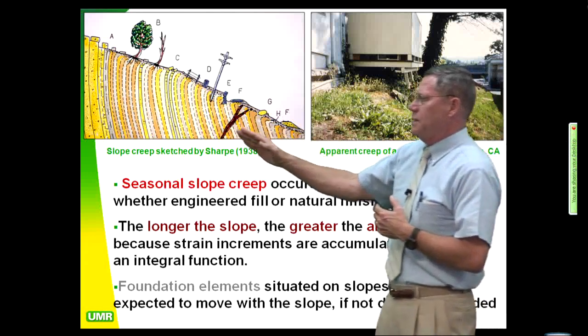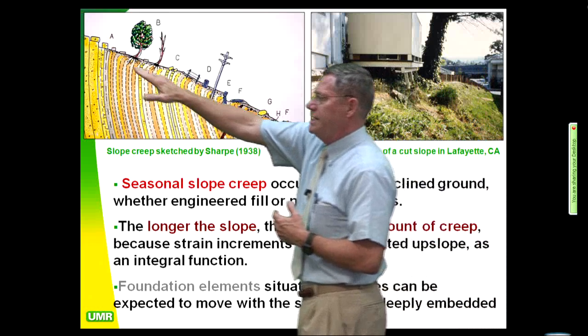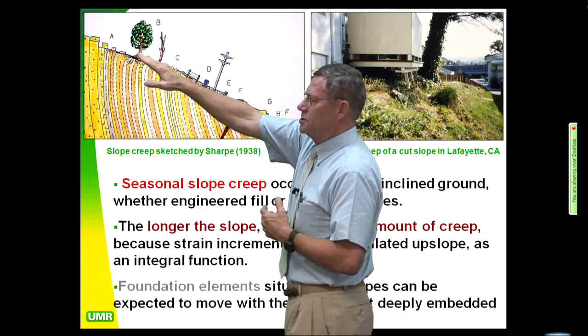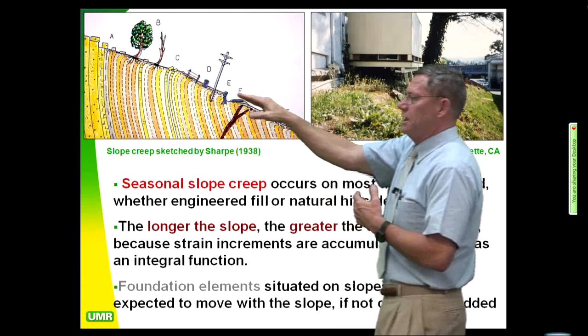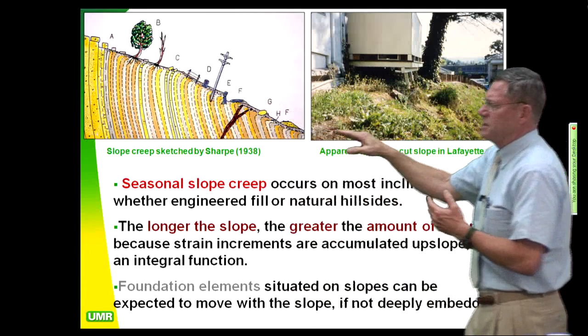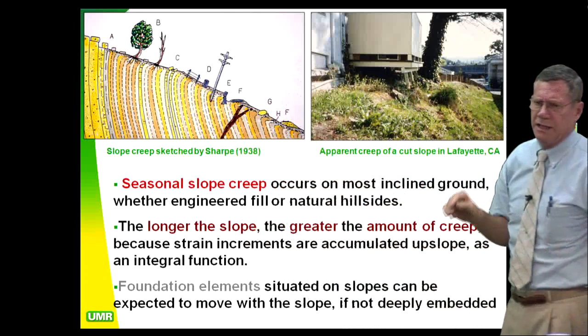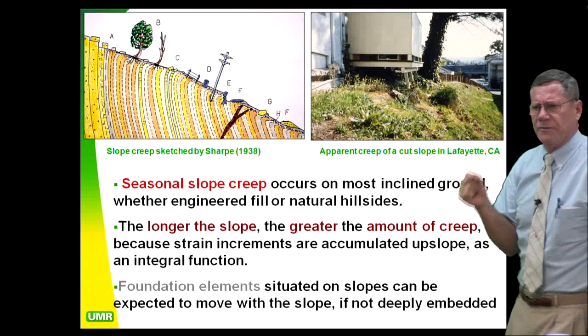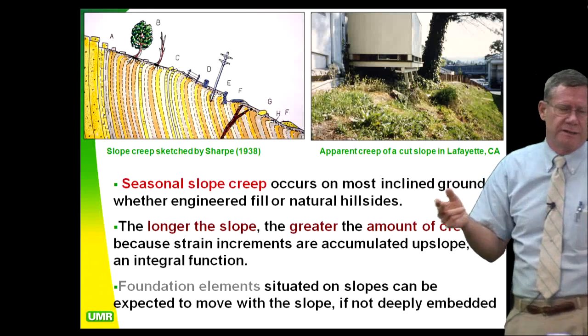Now the problem with creep is the downslope creep is a function of slope height, it's a function of slope inclination, and when I say slope height, I mean the length of the slope, and it's a function of the plasticity of the materials and a function of how severe the wet-dry season is.